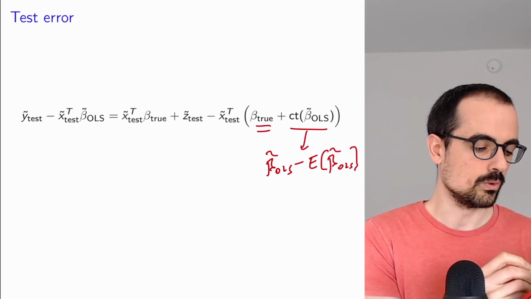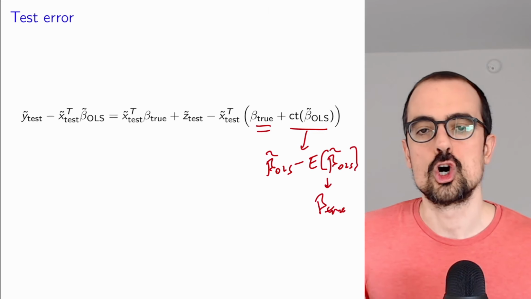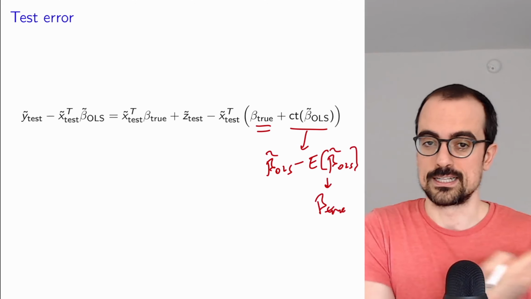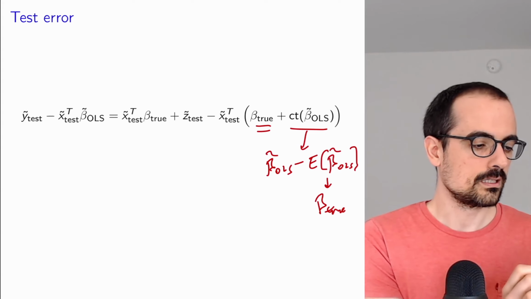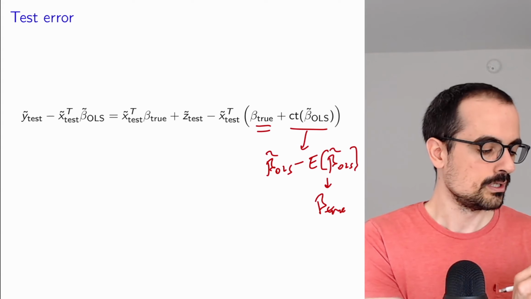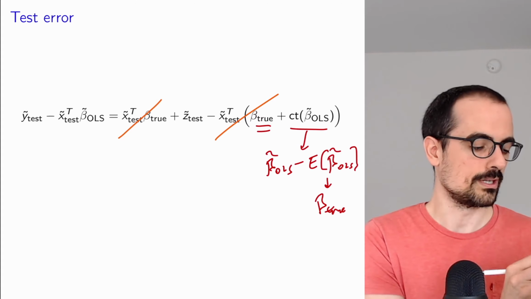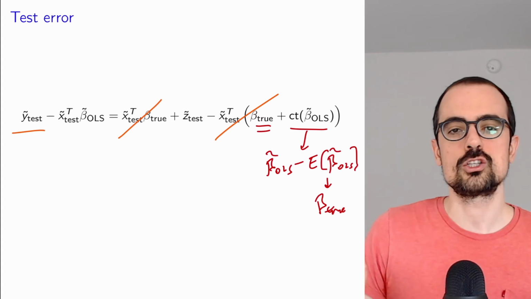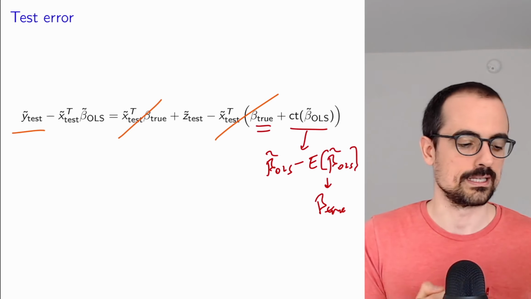And what we observe is that under this decomposition, the term with the true coefficients and the mean cancel out, because we're assuming again that Y test is connected to the features through these same true coefficients as the training data.